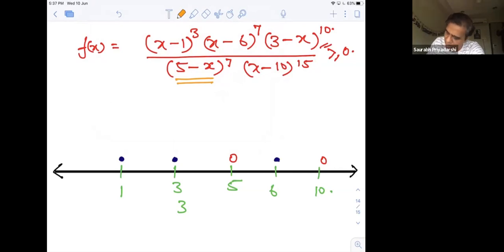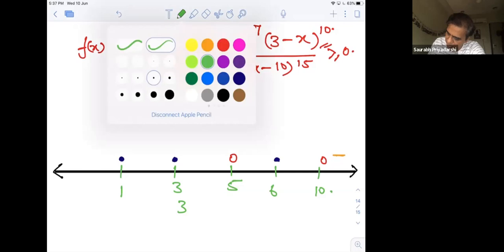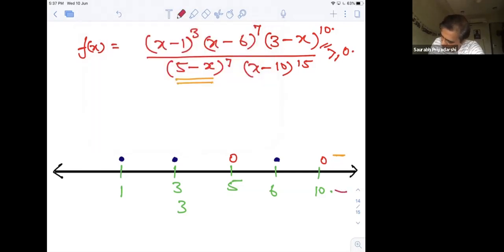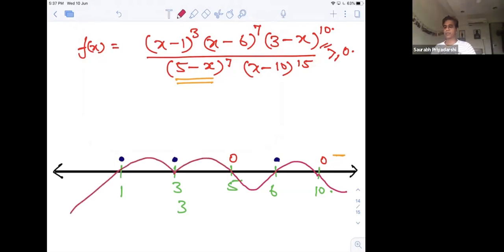So the number line will start with negative. So it has to come from the lower side, right? Then it will change the sign, then it will change the sign, but here it will not change the sign, and then it will change the sign, right?